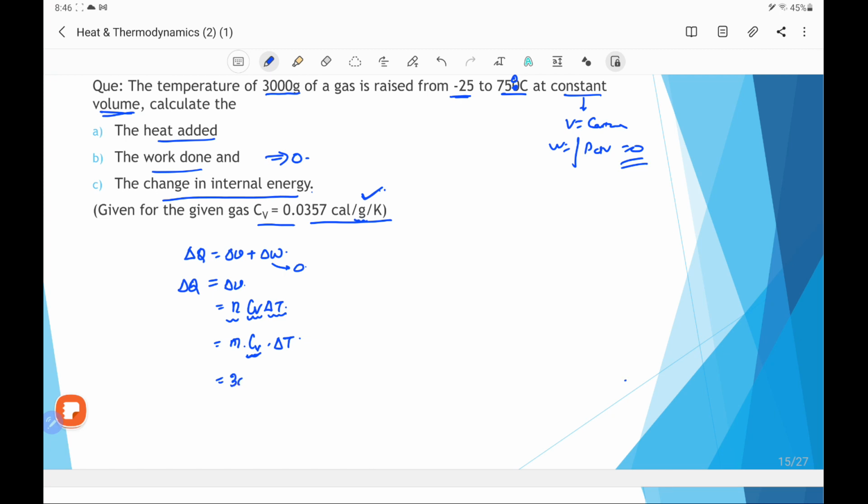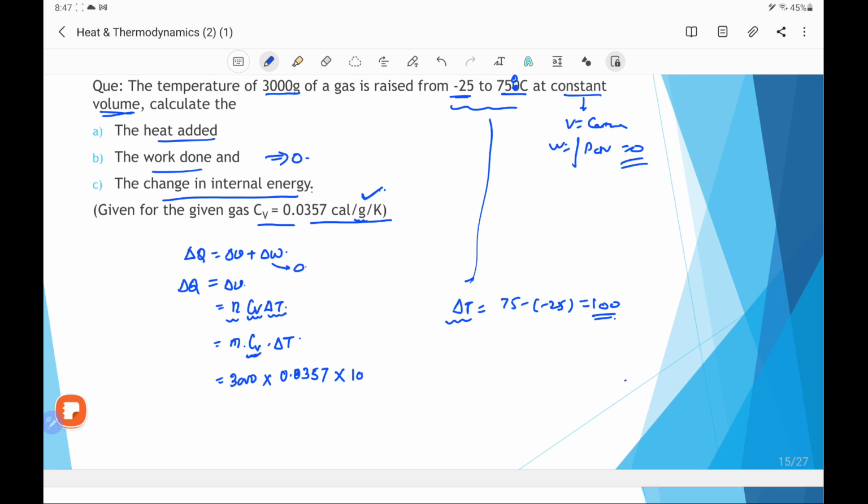Mass is given as 3000 gram, multiplied by Cv, which is given as 0.0357 calorie per gram per Kelvin, and the temperature difference delta T. Because the difference in temperature in Kelvin or in Celsius is equal, we can write delta T is 75 minus (minus 25), that is equal to 100.